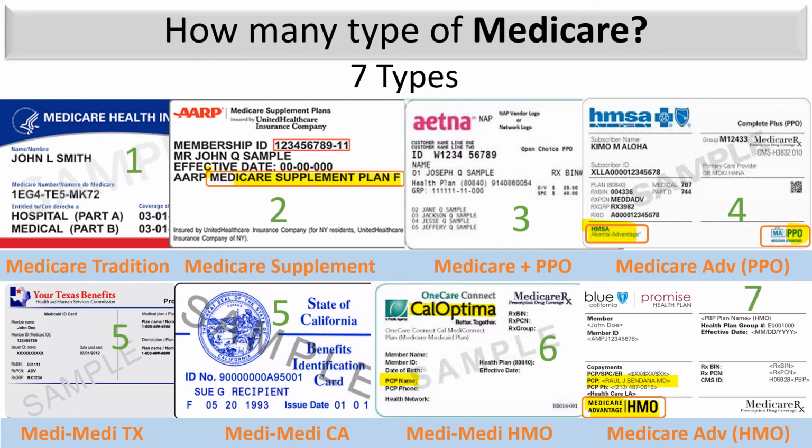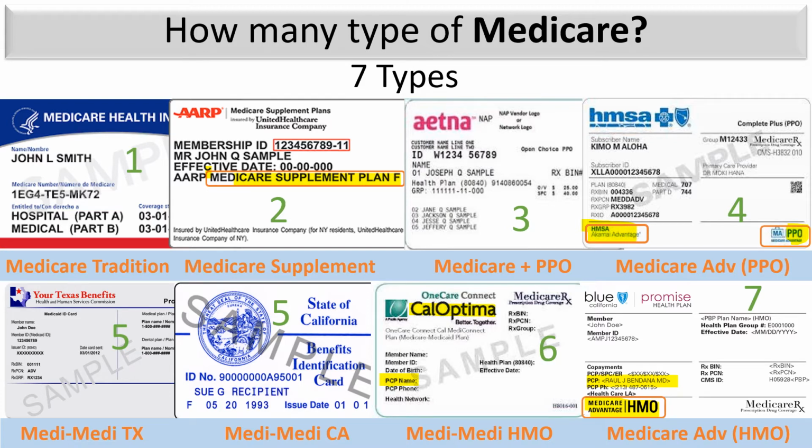I slightly changed the order. So the number 7 used to be number 3 before. 1, 2, 3, and 5 you can treat right away.